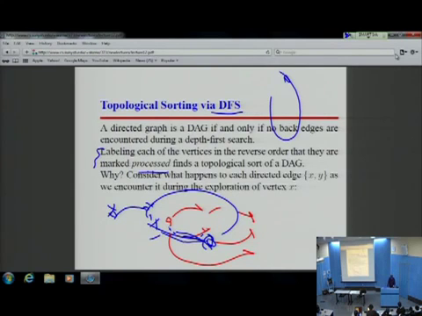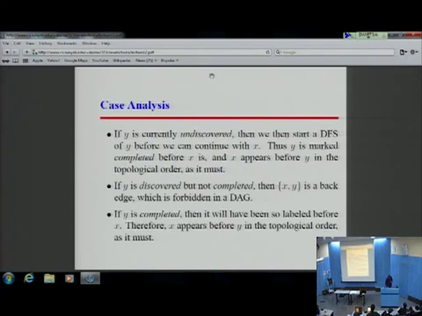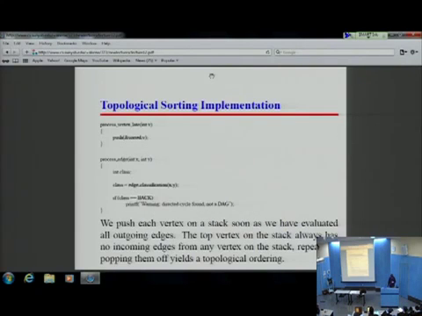If this vertex is marked completely processed before this one, that means that this vertex is to the left of this one. Okay? How many people sort of see it? How many people don't see it? Any questions?